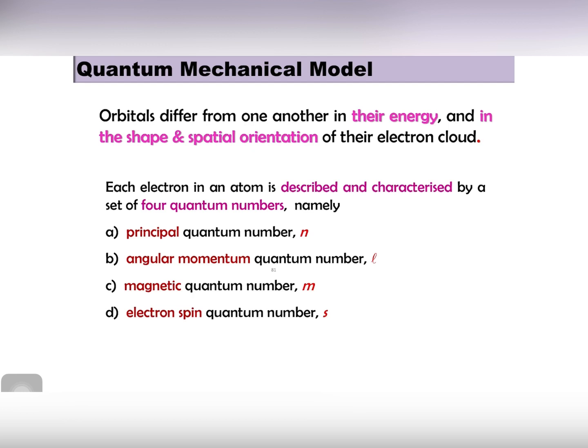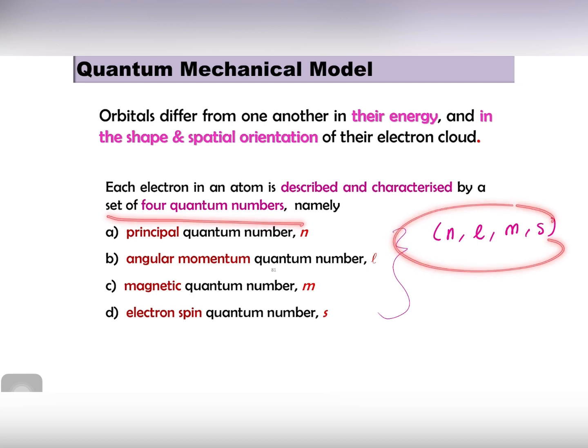Kita boleh locate specific electron tu by using these four mengikut urutan N, L, M, S. So by referring to this set of four quantum numbers, kita boleh tahu specifically that electron positionnya di mana.